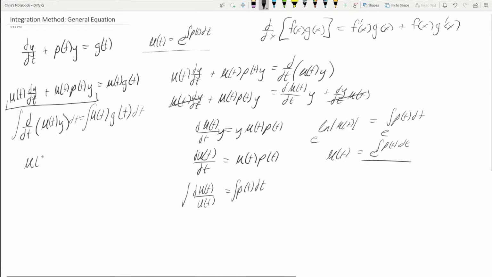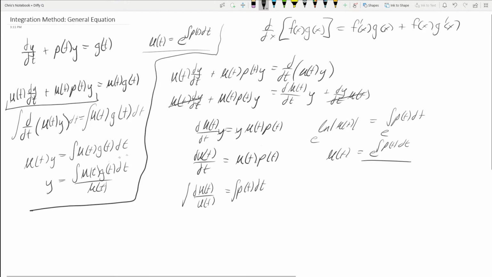You're going to get mu(t) times y is equal to the integral of mu(t) g(t) dt, and then y is going to be equal to the integral of mu(t) g(t) dt all over mu(t). So that is the basic steps on how we do the integration method, and this is just the proof of why mu(t) is equal to e to the integral of p(t) dt.